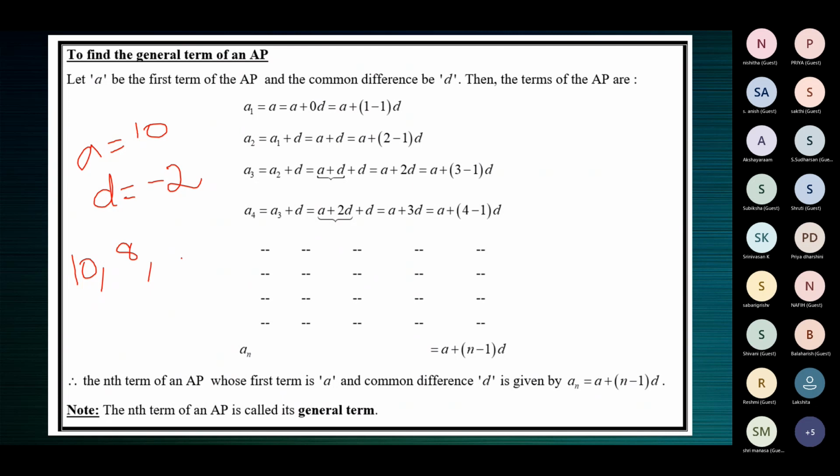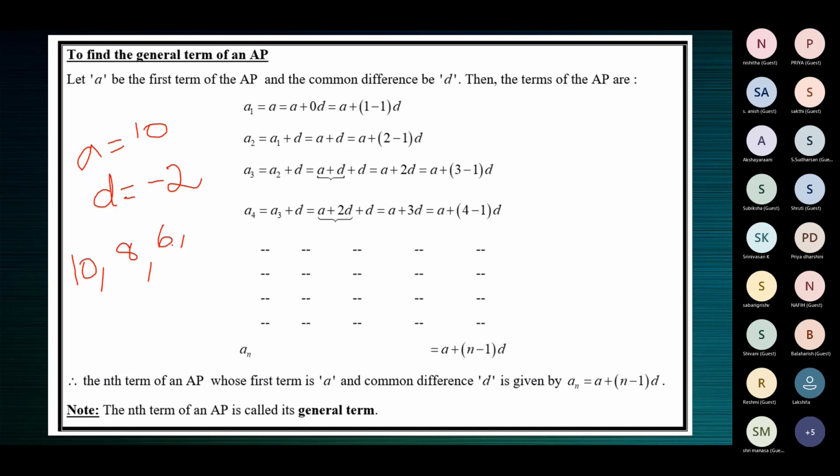Then the third term will be the second term plus the common difference. So what's the second term? 8, plus the common difference, 8 plus minus 2, so that will be 6. The fourth term will be the third term plus the common difference.